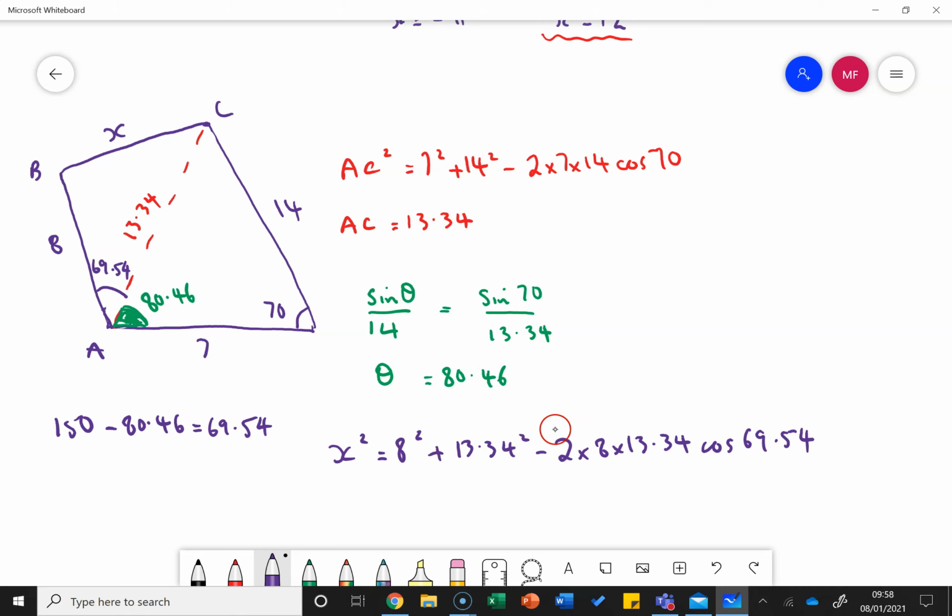You can type it all in one go if you're careful, and if you know how to use your calculator properly, and eventually you will get down to 12.94. Now, if you did that by yourself, take a picture of your work and send it to me. That's incredible. It's such a long-winded question, and to know where to go as well. Super impressive. Anyway, we're done. Go and have a lie down now.